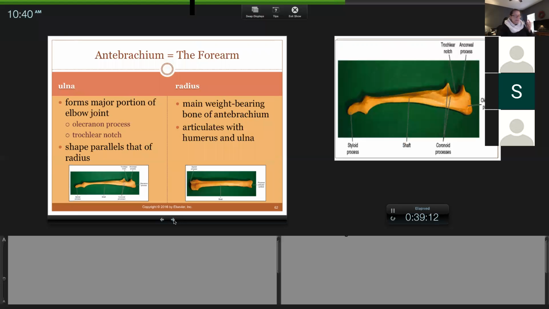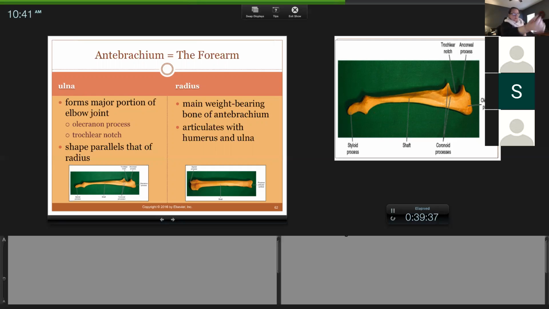All right, now the forearm or the antebrachium, which is lower, is made up of something called the radius and the ulna. Now the radius and the ulna are bones that are parallel. This is where I wish I had my skeleton in class, but the radius that I want you to know is the weight-bearing bone of the antebrachium.